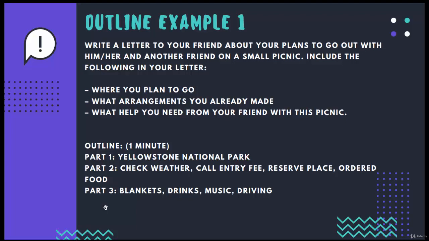Part 2, arrangements I made: check the weather, call for the entry fee, reserve the place, order the food. Part number 3, what help do I need? Blankets, drinks, music, driving. Right? I've gone ahead and I've outlined the ideas I'm going to talk about for each part. That's very important, right? That is very, very important.